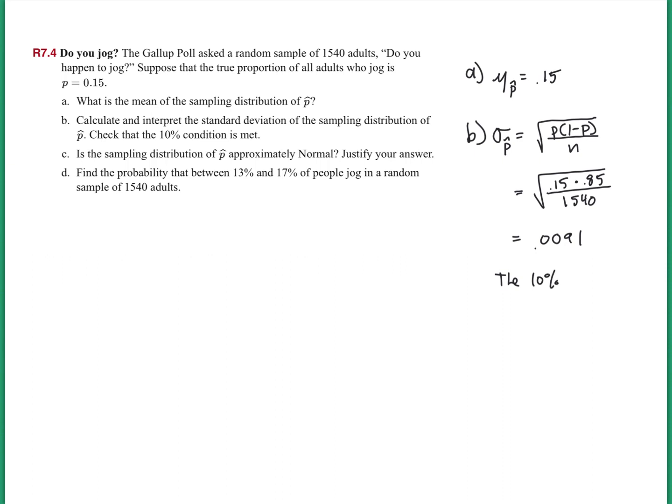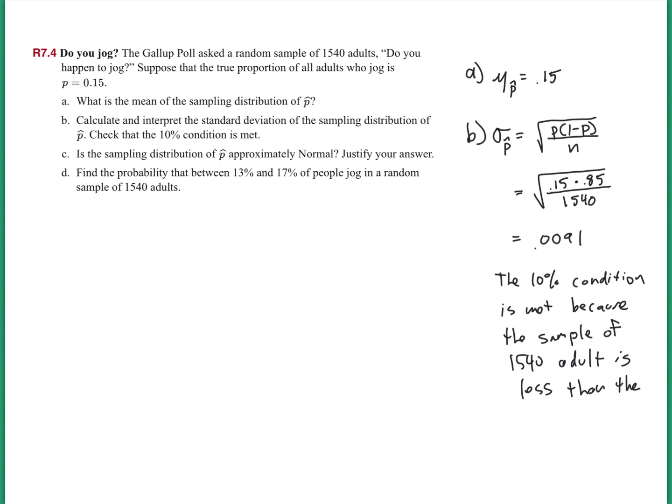The 10% condition, which is the same thing as the 10% rule, is met because the sample of 1,540 adults is less than 10% of the number of all adults.